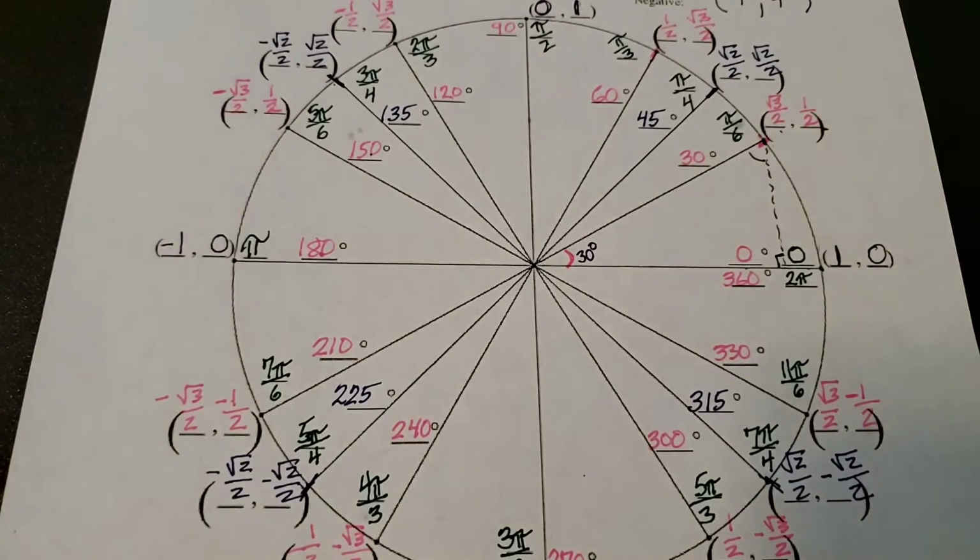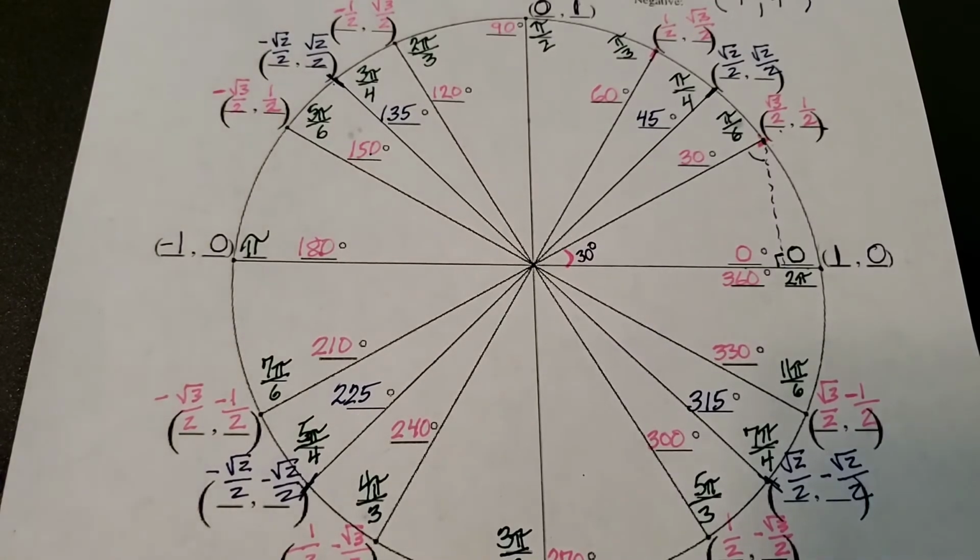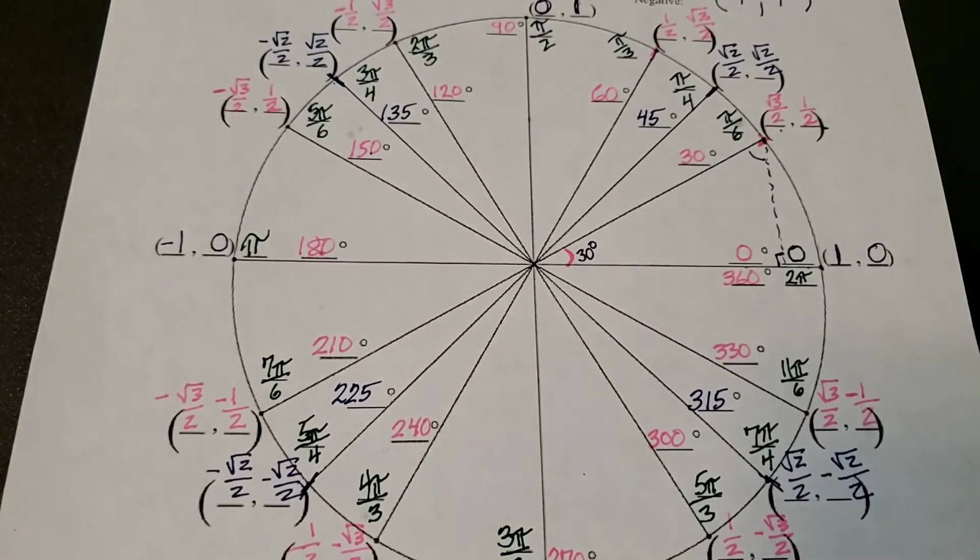And those ordered pairs are important because they tell us what the sine and cosine of those angles are. And we will do the same evaluating in radian measure, in radian mode, if you're using your calculator. But we don't need to because we have the unit circle.